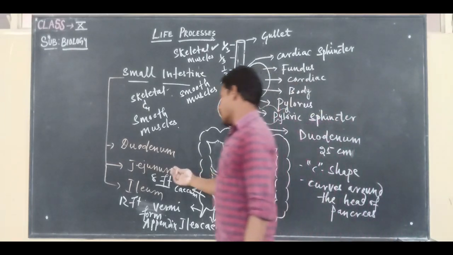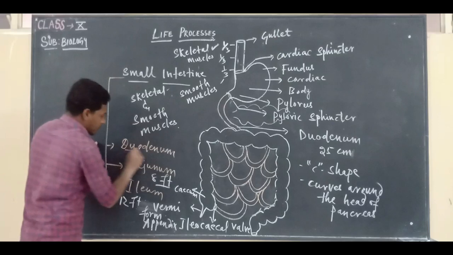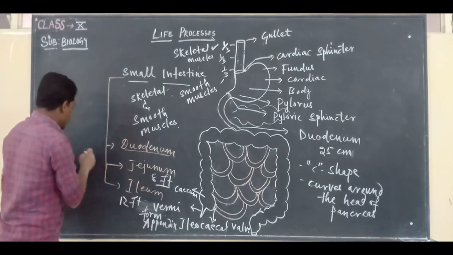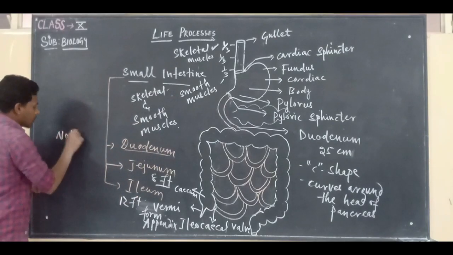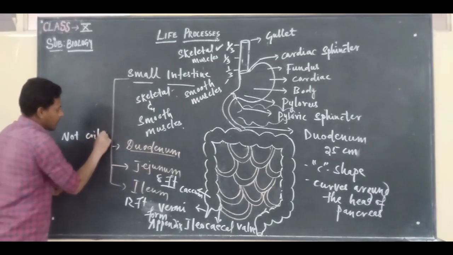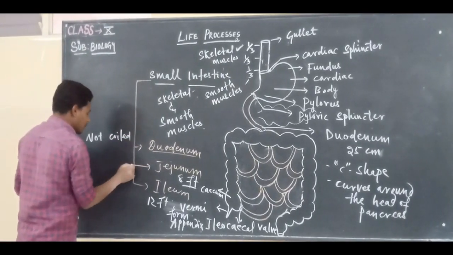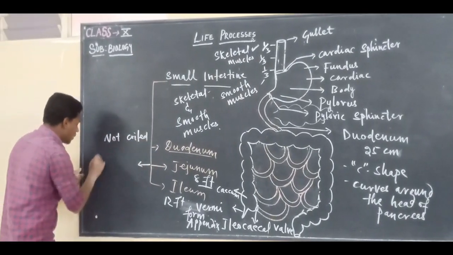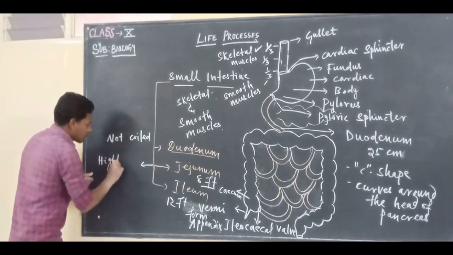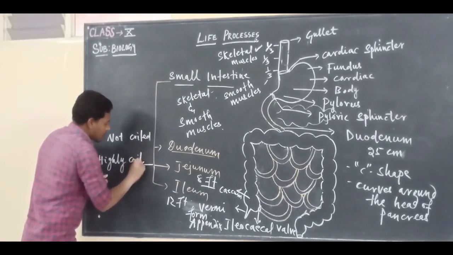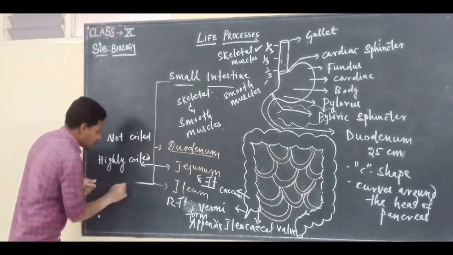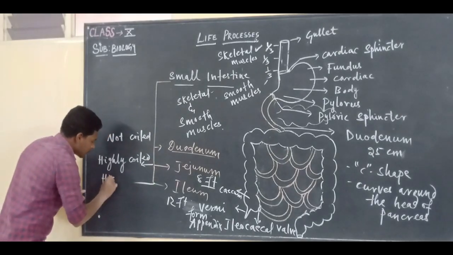And here the duodenum is not coiled. The jejunum is highly coiled, and the ileum is also highly coiled.